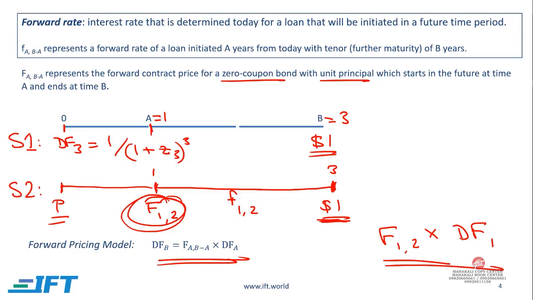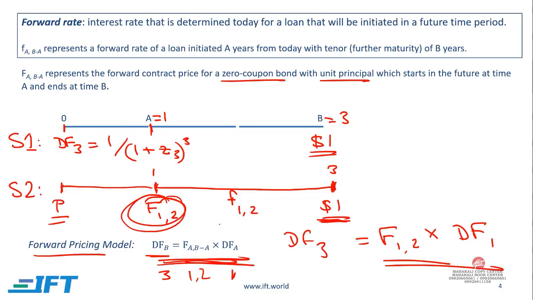F12 into DF1. And this should be equal to DF3 to prevent arbitrage. And that is exactly what we are saying here. So the forward pricing model is DFB, and B is 3 in our example. That is equal to F A comma B minus A, which is 1 comma 2 in our example, multiplied by DFA, which is DF1. So I trust this makes sense.